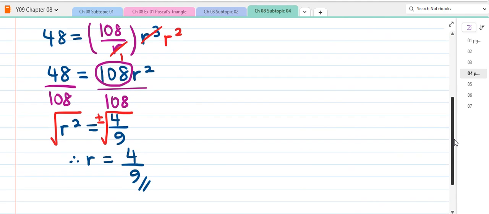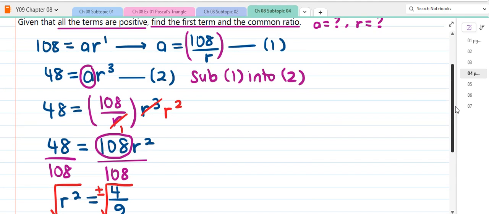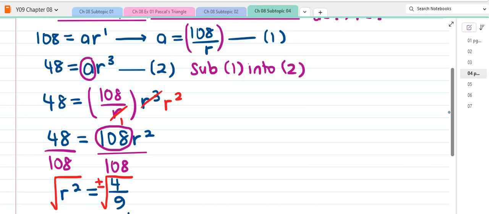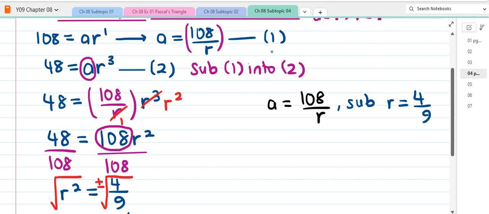So let's look for A, which is the first term. You can use the first equation, and all you need to do is substitute R equals 4 out of 9. So A equals 108 over R, substituting R equals 4 out of 9. A equals 108 divided by a fraction of 4 out of 9.